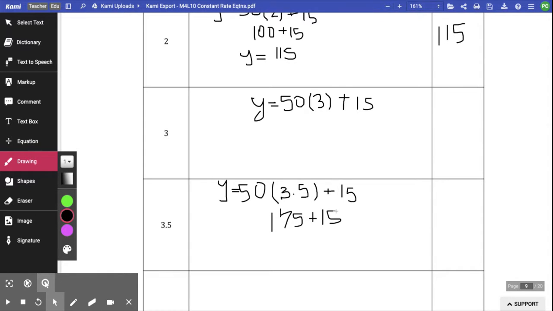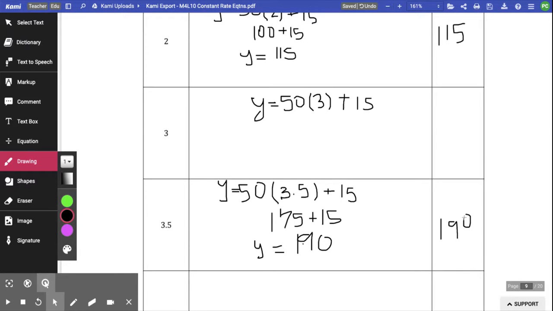So 175 plus 15 together gives me 190. So y is equal to 190. So in 3.5 hours, he drives 190 miles.